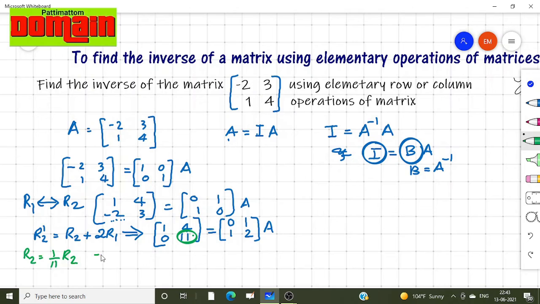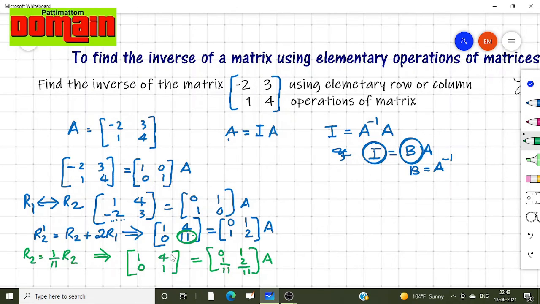Then the first row remains the same, 1, 4. Here 0 by 11 is 0, 11 by 11 is 1. This side, the first row 0, 1. The second row 1 by 11 and 2 by 11, into A.